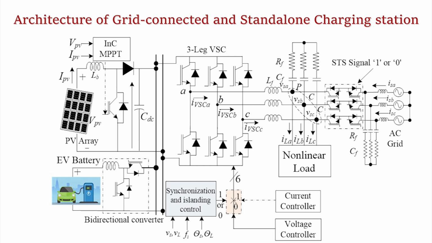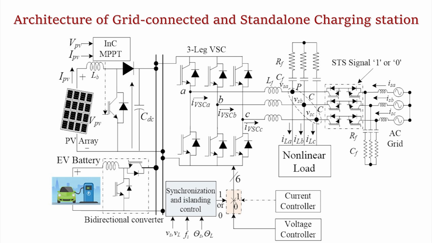However, if the grid disappears, suppose there is some interruption from the grid side, the charging station can be operated in standalone mode, and at that moment we can supply EV power from the PV array as well as some onboard chargers.